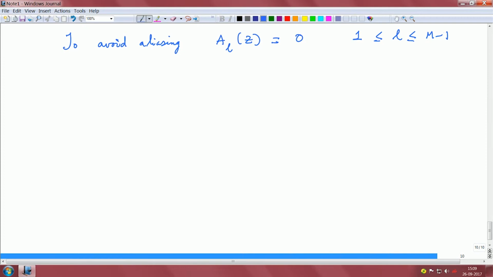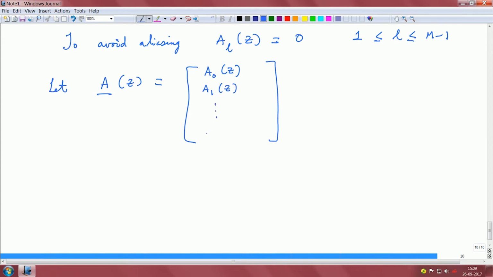Okay. So, let A of Z be a stack of all polynomials in Z, starting with the unaliased component with the rest of the aliased components.